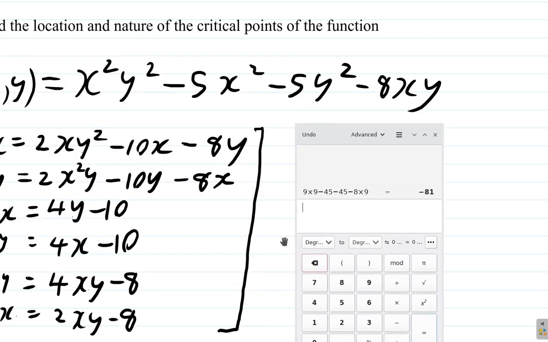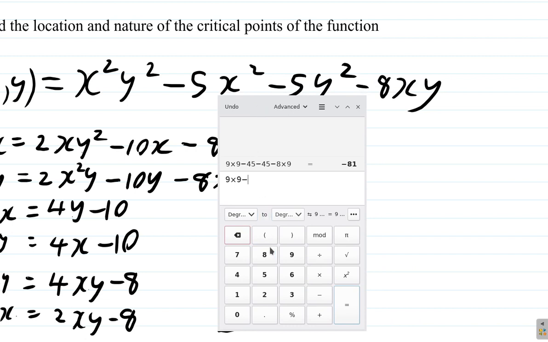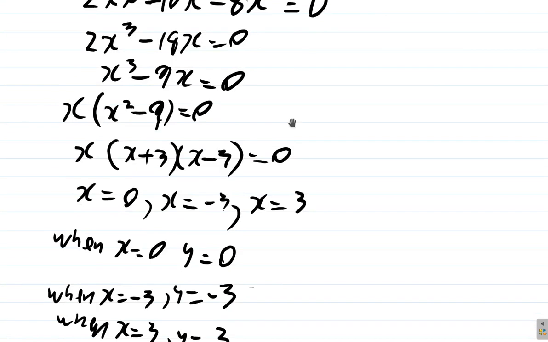So 3 times 3 is 9, times 3 times 3 is 9, minus 5 by 3 squared, 5 by 9, which is 45, minus 5 by 3 squared again, 45, minus 8 by 3 by 3, 8 by 9 is 72, minus 72 equals, again, negative 81. So we have negative 81.